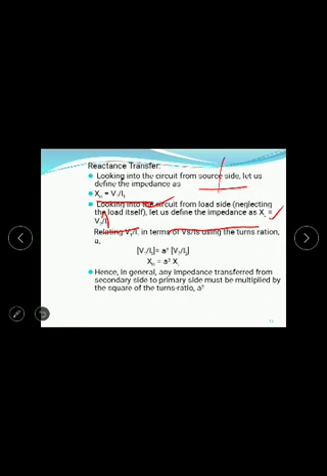Hence, in general, any impedance transferred from the secondary side to the primary side must be multiplied by the square of the turns ratio, that is a square.